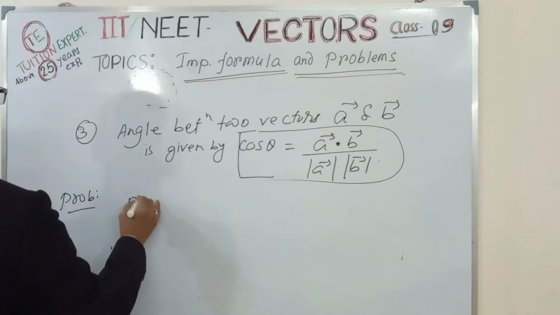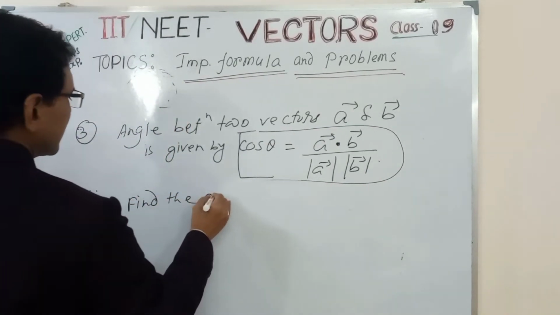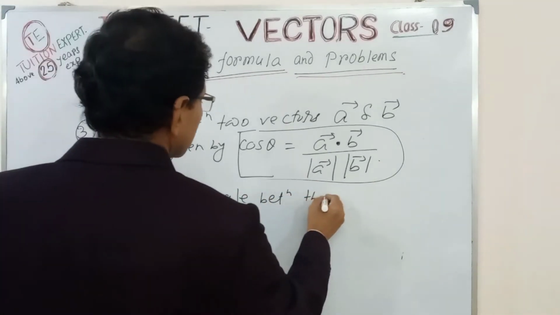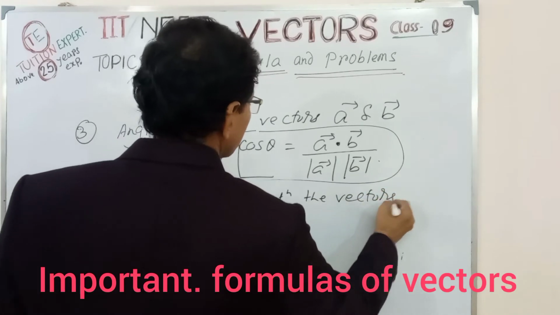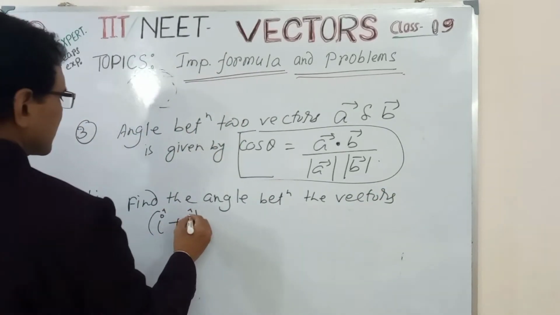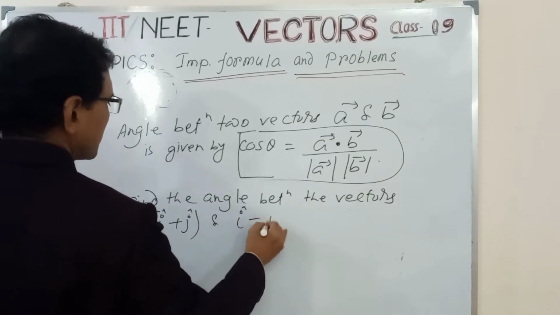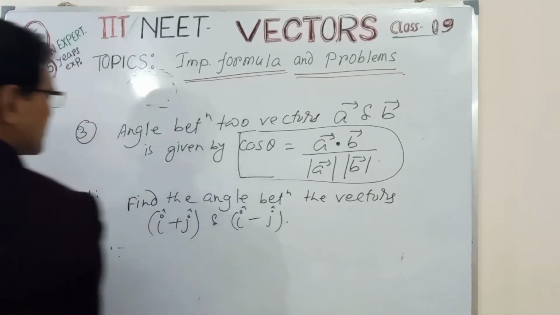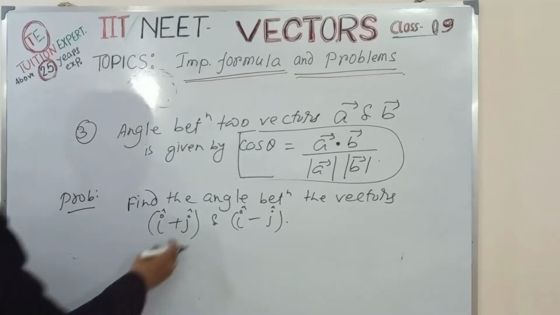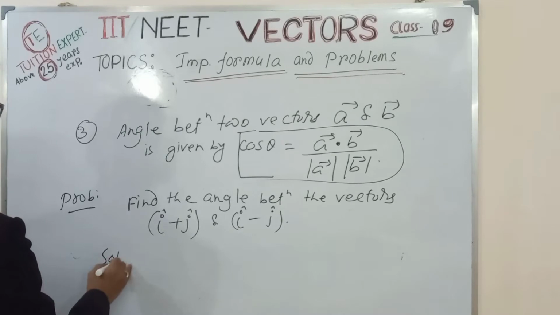Suppose find the angle between the vectors i plus j and i minus j. The solution will be this.